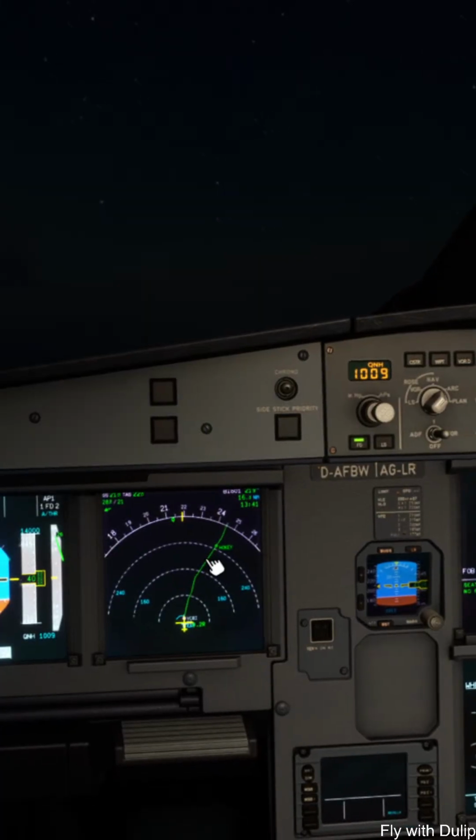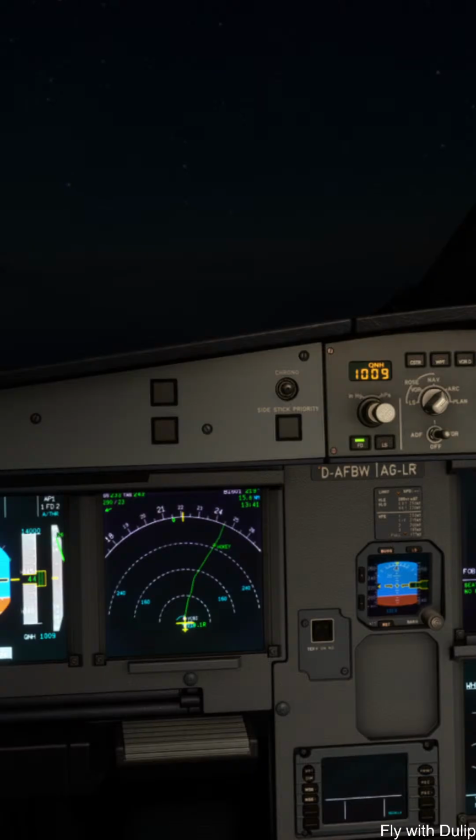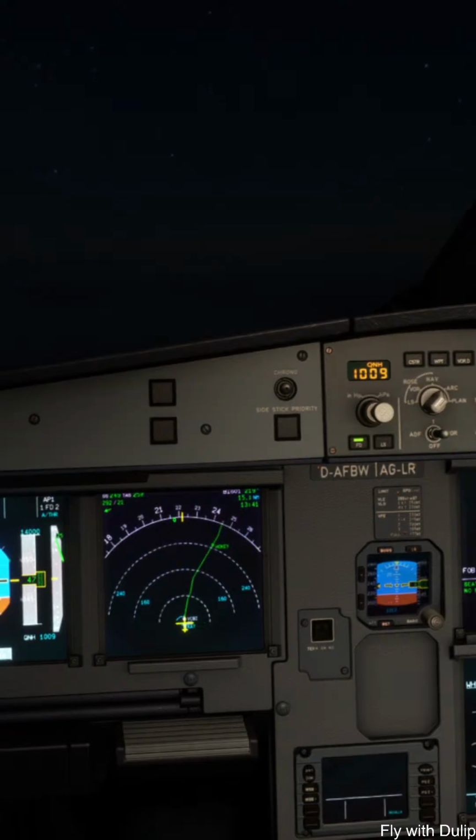SriLankan 103, continue climb flight level 140, unrestricted, proceed direct Lanka. Continue climb flight level 140, unrestricted, direct Lalum, SriLankan 103.